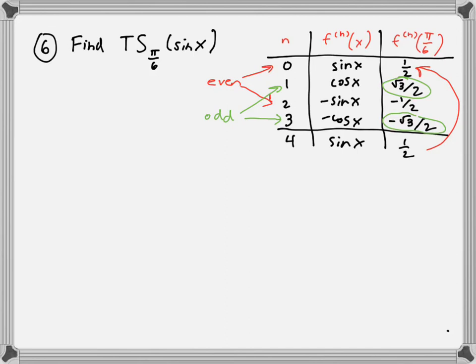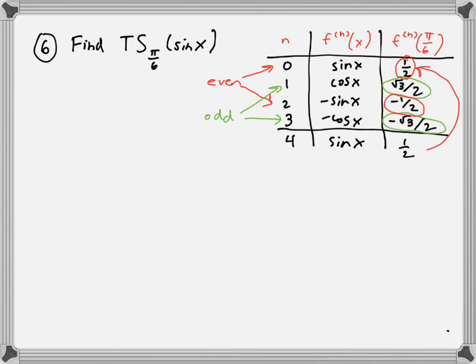Okay, so the even powers have the 1/2 and the negative 1/2 just alternating, and the other guys are going to have the root 3 over 2s. So actually what we're going to have to do is split it up into two different series, okay?